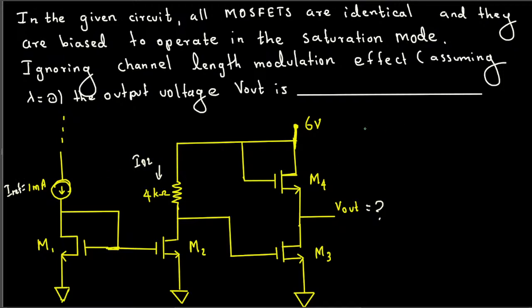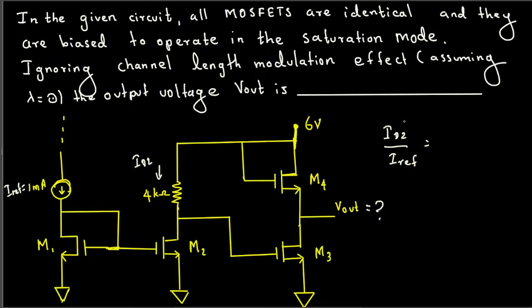And if you look at the relationship between these two currents, that is basically I reference. If I put this one on top, ID2 over I reference should be equivalent to the width over the length ratio of the both of them.